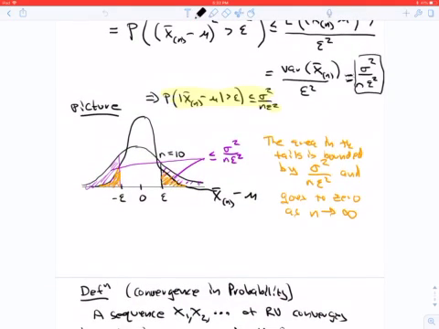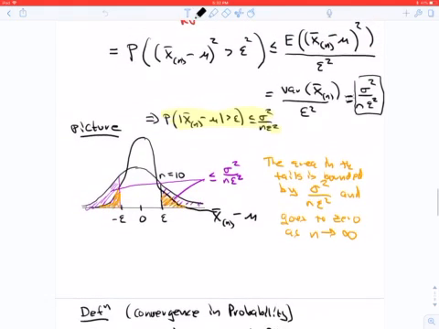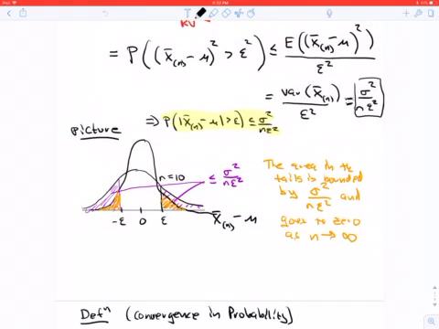which is a quantity that goes to 0 as n goes to infinity. So what this says is that the probability that you're in the tails, the absolute value of the sample mean minus mu being greater than epsilon, is less than or equal to sigma squared over n epsilon squared.